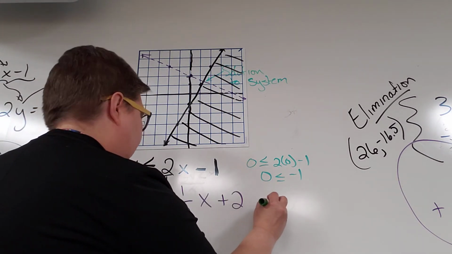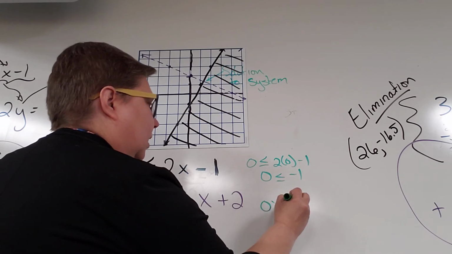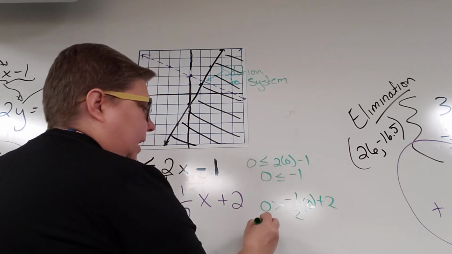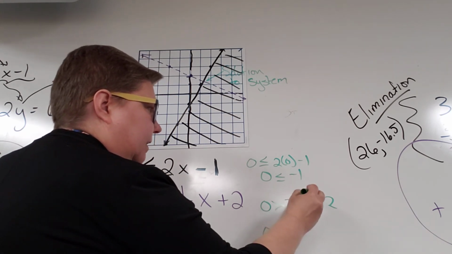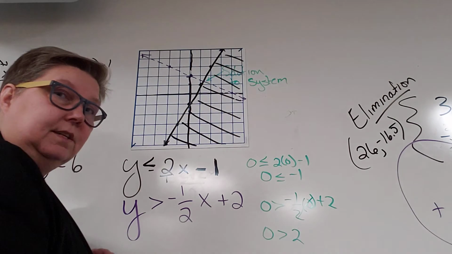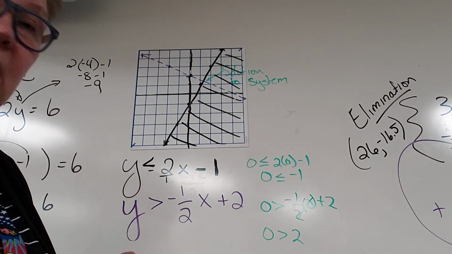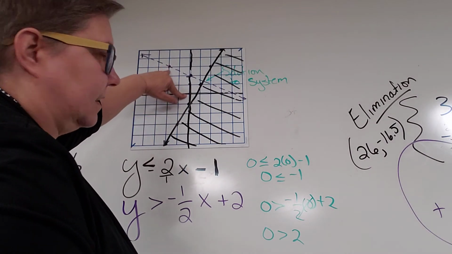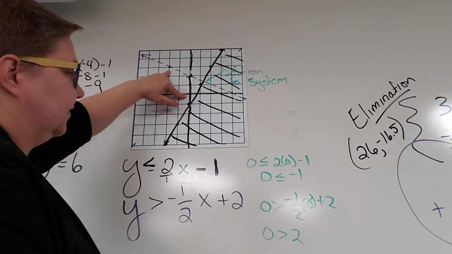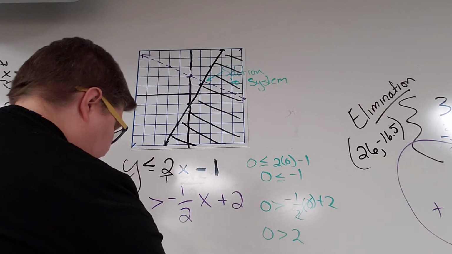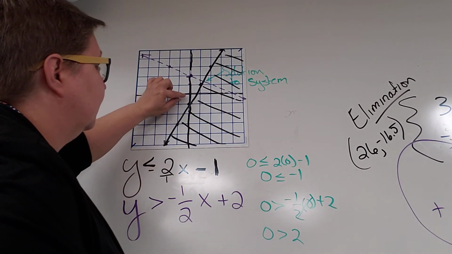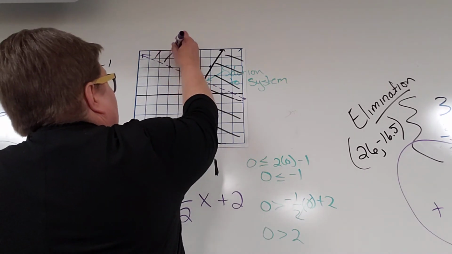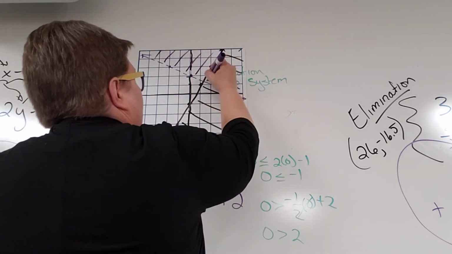I get 0 greater than negative 1/2 times 0 plus 2, so 0 is greater than 2. Is 0 greater than 2? The answer is no. So the point I picked with respect to this purple line is false. Again, you shade the side that's true. If this side is false, then this side has to be true. So this is the shading for this one.